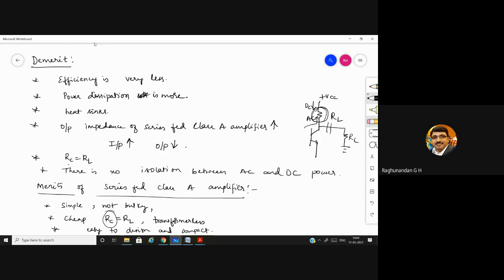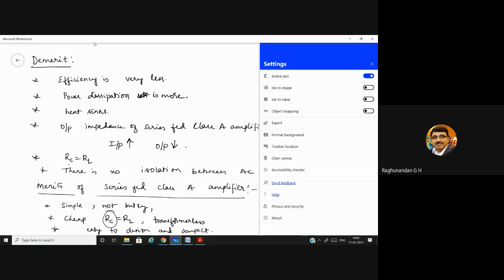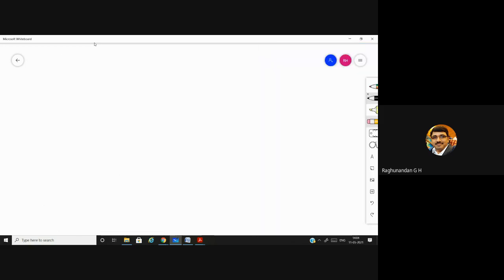These are all the different drawbacks which we have in this series fed class A amplifier. Also, one of the major drawbacks is it has a large number of harmonics, which leads to harmonic distortion.